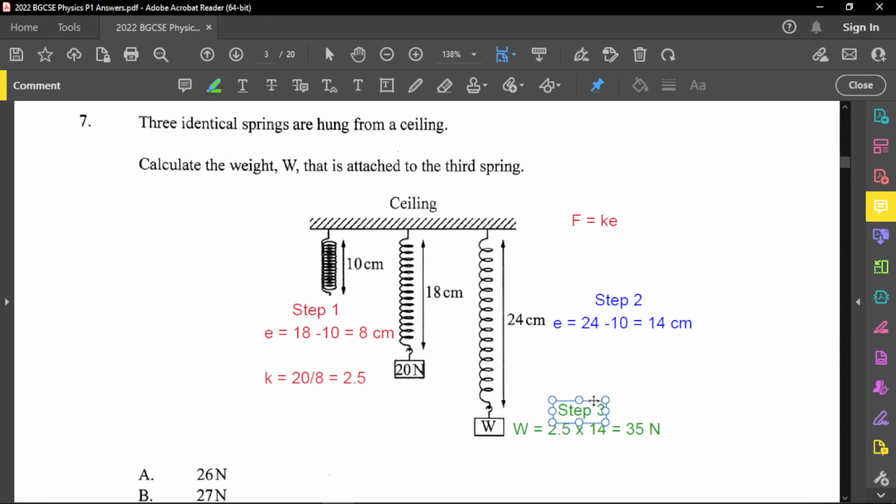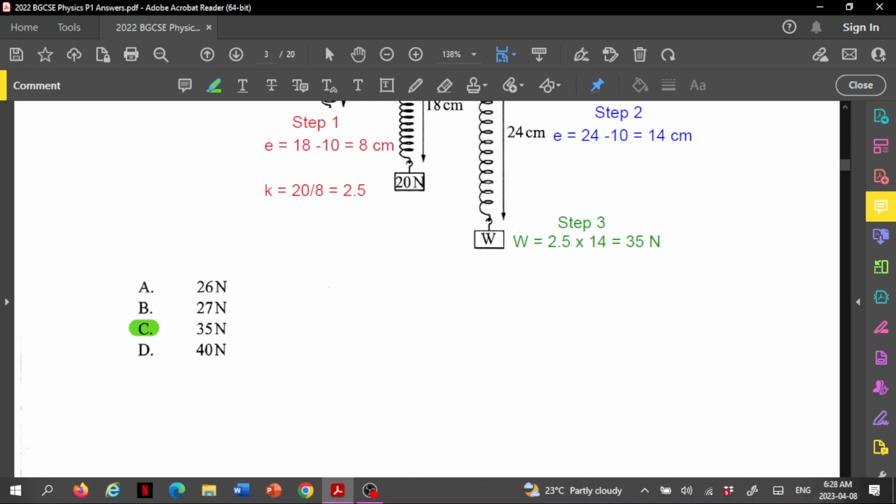Now for the third step, once you determine the extension, which is 14 centimeters in this case, we already have our constant, which is 2.5. So all we need to do to find the weight W is multiply the constant, K, by the extension, which is 14, equals 35 newtons. So the answer there is C.